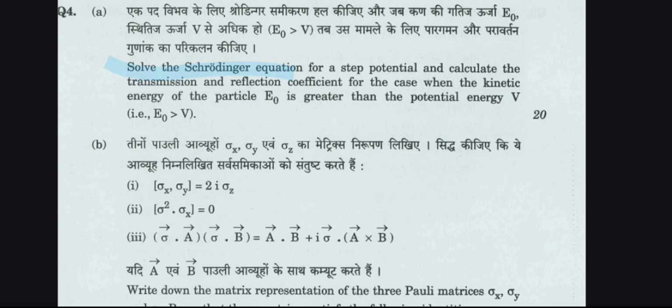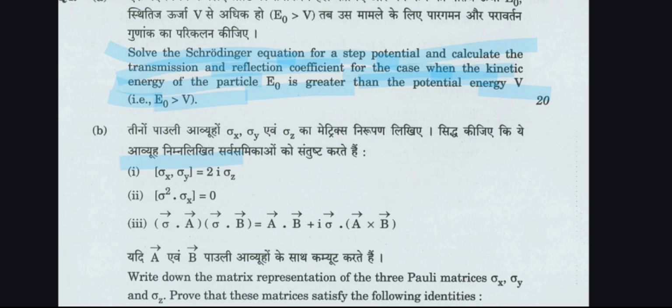Solve the Schrödinger wave equation for a step potential and calculate the transmission and reflection coefficients for the case when the kinetic energy of the particle E0 is greater than the potential energy V0. Question B is here.